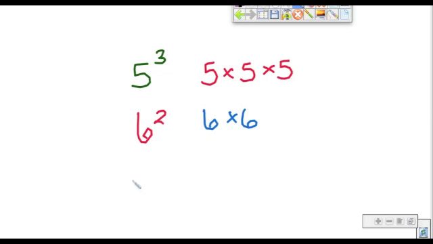Even if you had a variable, let's say x to the third power, x times x times x. That's all that means, is to multiply those all the way out. When you go up by power, obviously your value is going to increase greatly. So make sure that you pay attention to how many times you need to raise that number. So let's try some problems.